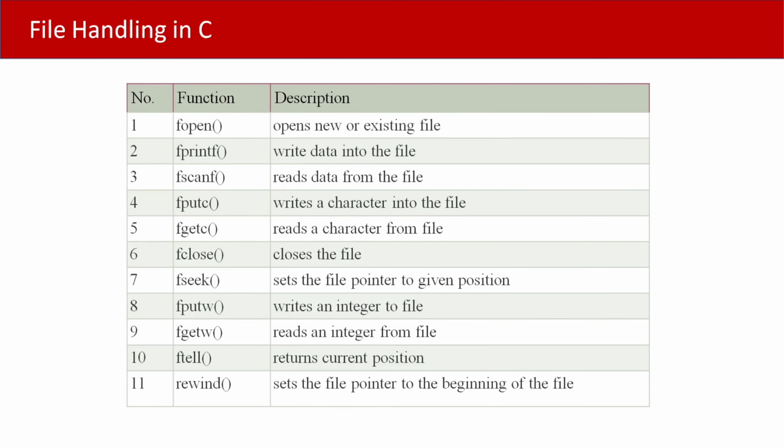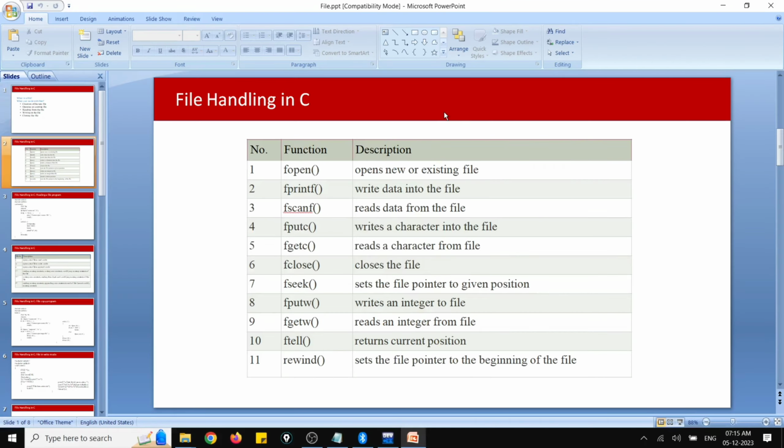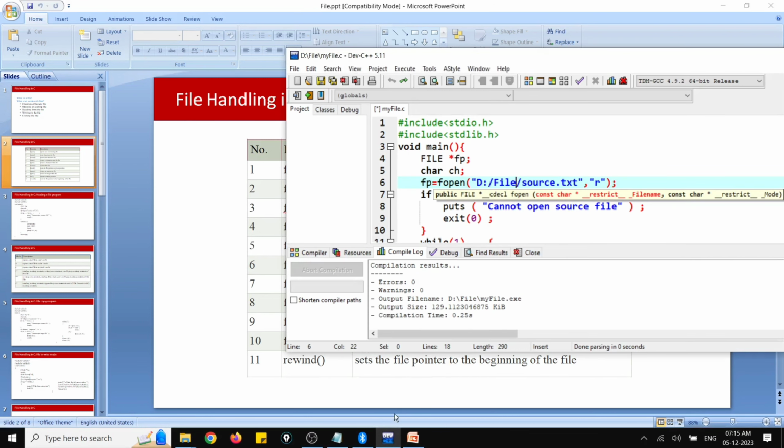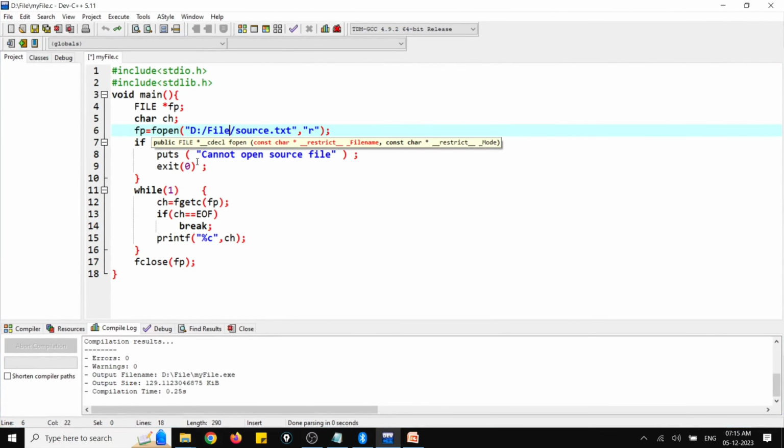Okay, check here. fopen opens a new or existing file. It will not create the file. So whenever we write here d slash file slash source.txt in read mode, this source.txt file is available in the D drive file folder, right?